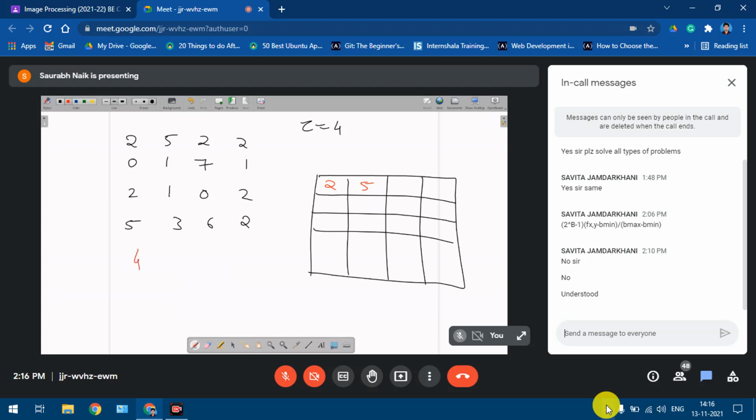So the average is 4, minus 2, that is again not greater than the threshold. So again, the original value. Then at 0, comma 3, the new value will come as 3 divided by 4, which will come as 1. So again, the difference is less than the threshold.